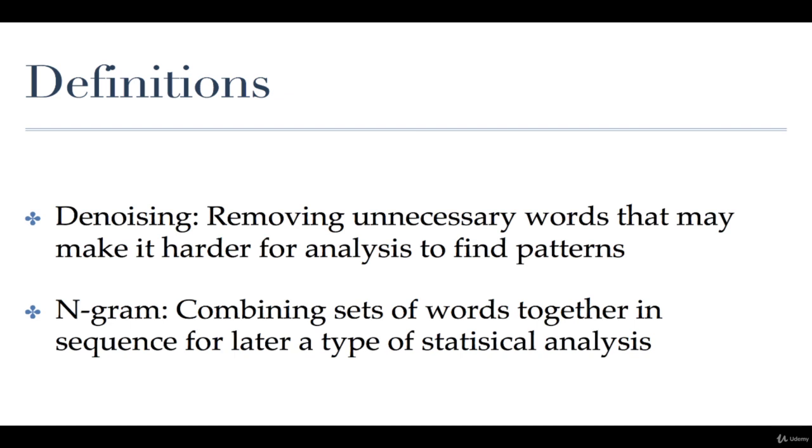If this was a 2-gram or a bigram analysis, each pairing of words would be like, I love is one, love data is the next, data science is the next bigram, okay? So each of those three sets of pairs of words would be a 2-gram analysis, and we're going to look at that a little bit more. Okay guys, so with that in mind, we're going to hop into our syntax section, and I'm going to show you how all this code is going to work out for us and how it plays out.